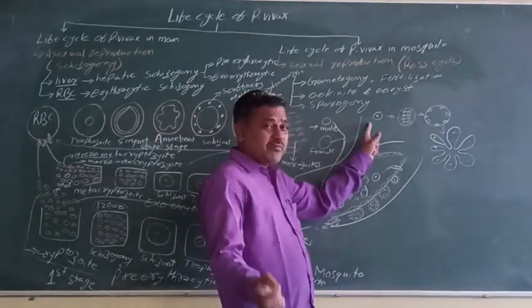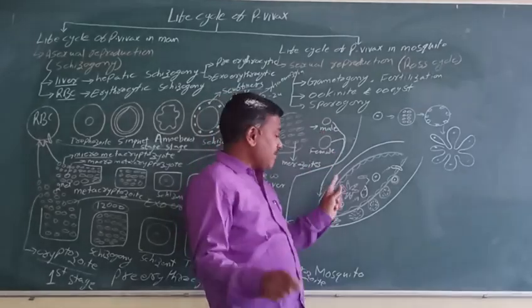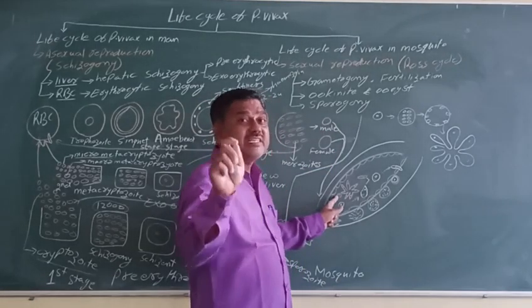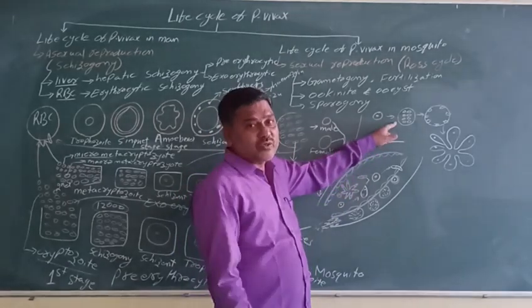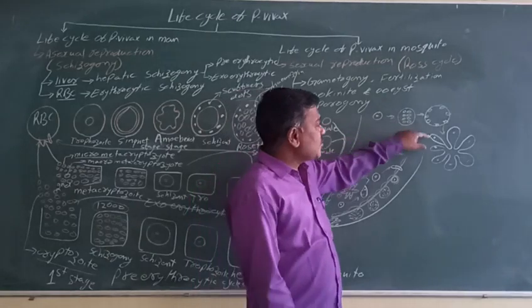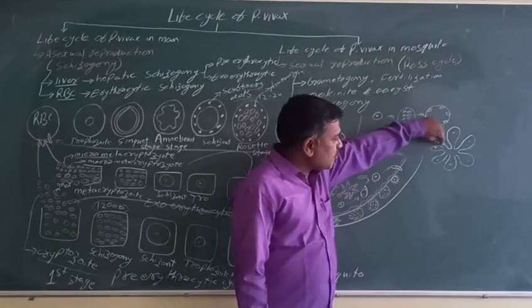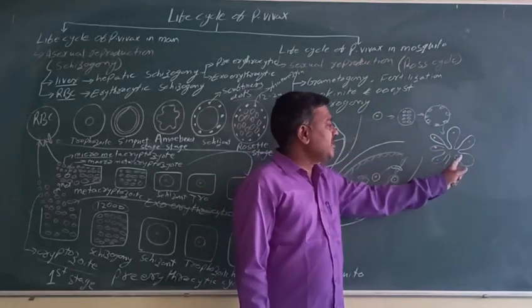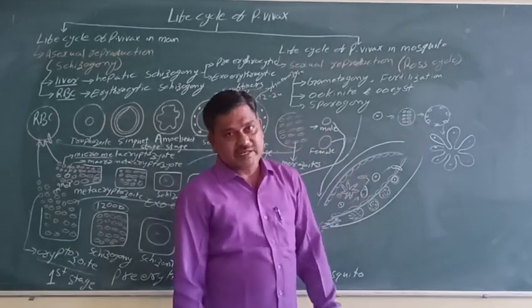So how does male gamete formation occur? The microgametophyte goes for mitotic division, that is, the nucleus divides. From a single nucleus, 8 nuclei are formed. These nuclei start moving towards the periphery, and the cytoplasm also moves towards the periphery. Like this, there is a formation of 8 flagellated male gametes.